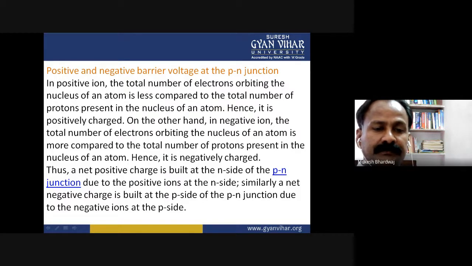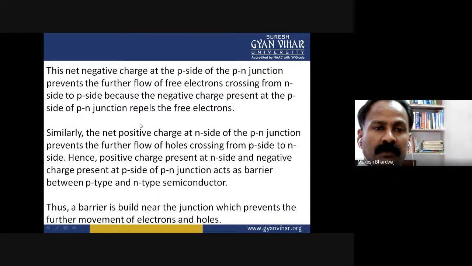Next, this net negative charge at the p side of the p-n junction prevents the further flow of free electrons crossing from n side to p side, because the negative charge present at the p side repels the free electrons. Similarly, the net positive charge at the n side of the p-n junction prevents the further flow of holes crossing from p side to n side.